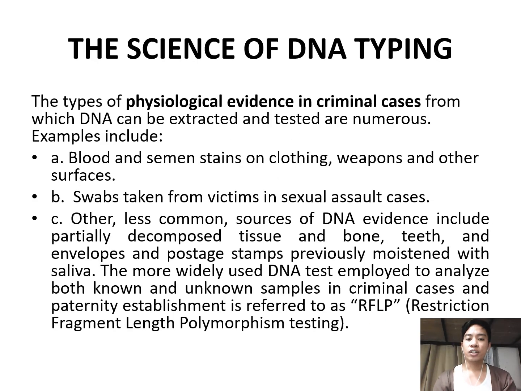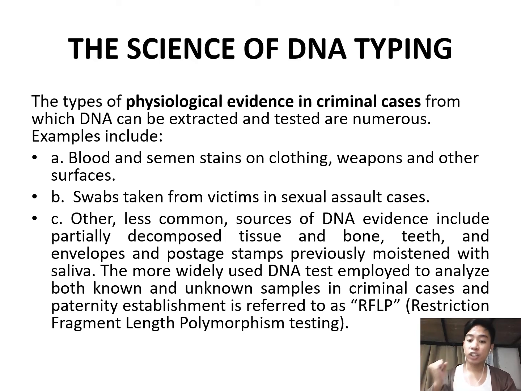Okay? So, ang physiological evidences na pwede natin gamitin for crimes resolutions are blood and semen stains on clothing, weapon, and other surfaces. Okay, may nakita kang blood stain. So, may tulo ng dugo dun sa damit ng suspect. So, nambaril siya. Natalsikan siya ng dugo ng tao na yon nung binaril niya.